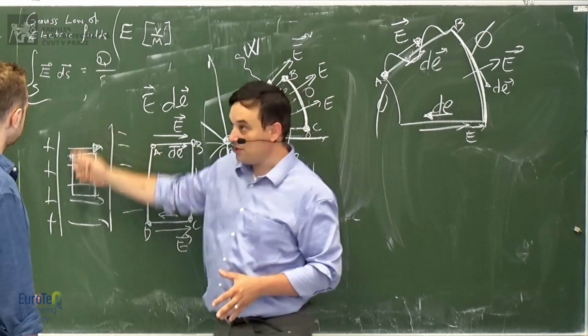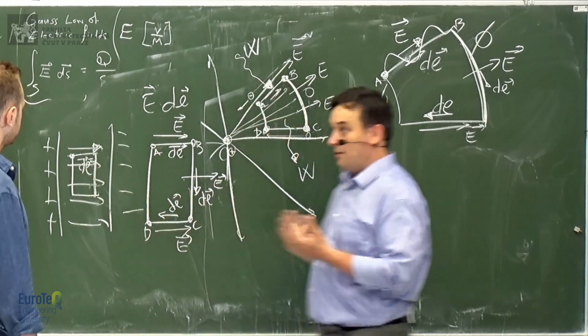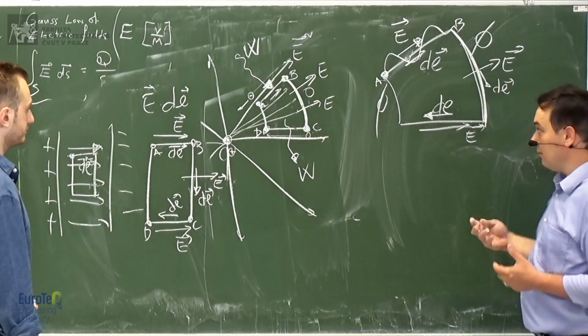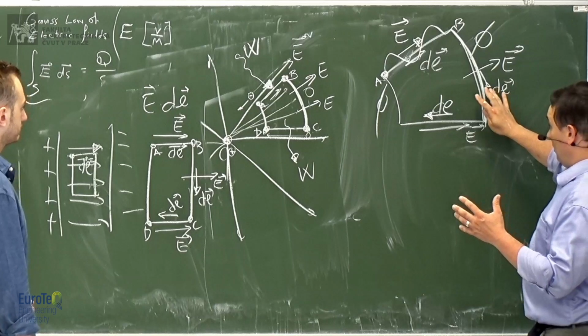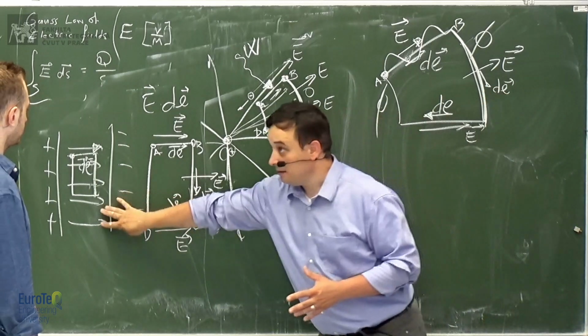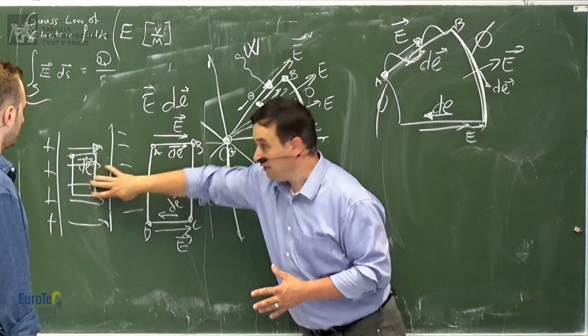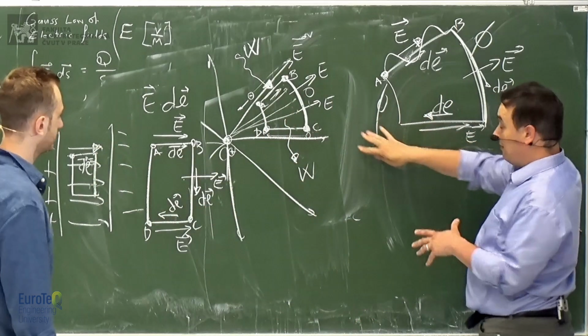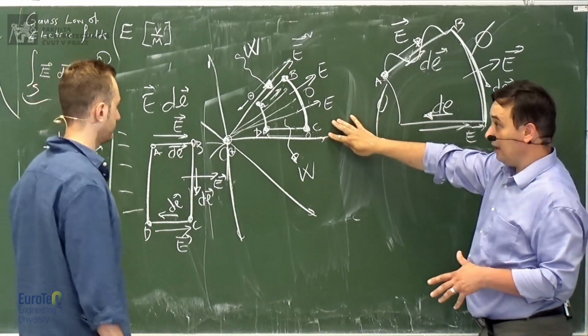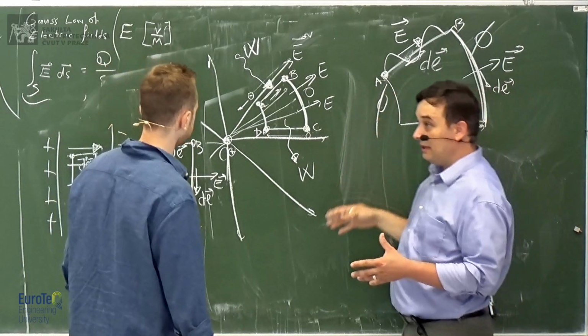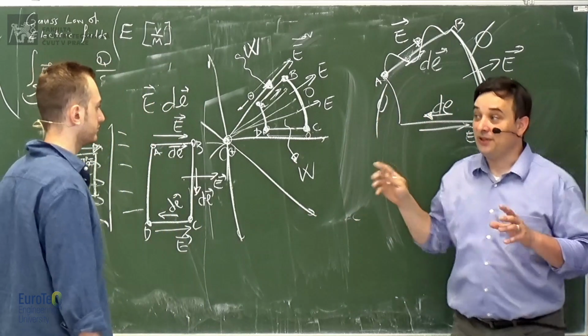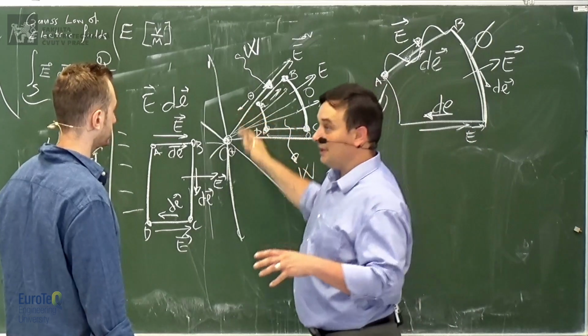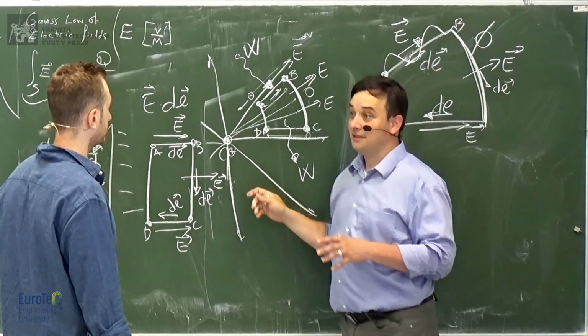Somewhere the energy goes in, somewhere it goes out, but it's conserved. It applies here, where you have a uniform field, or even here, where you have a radiating field. There is one particular shape of electric field where this doesn't apply anymore.